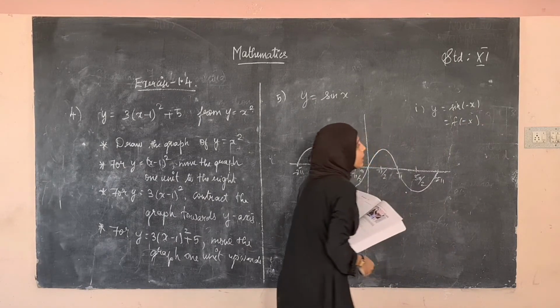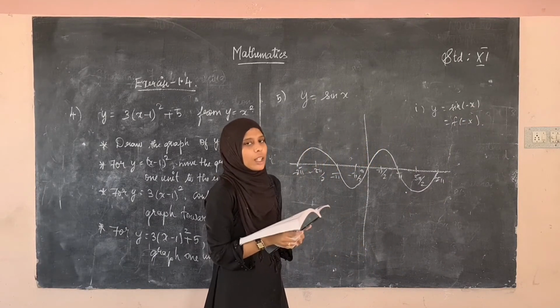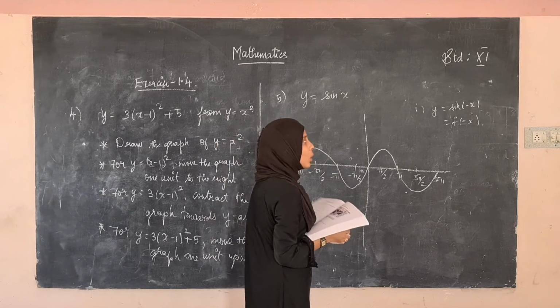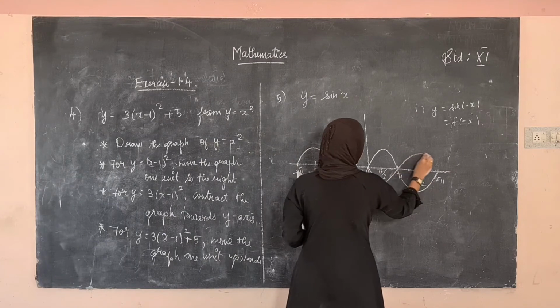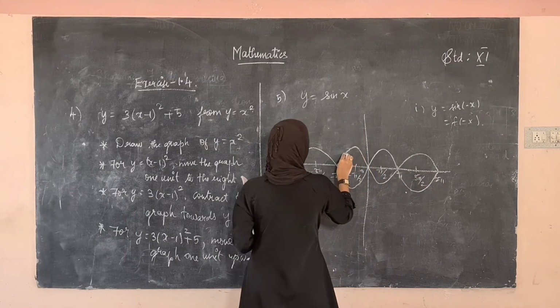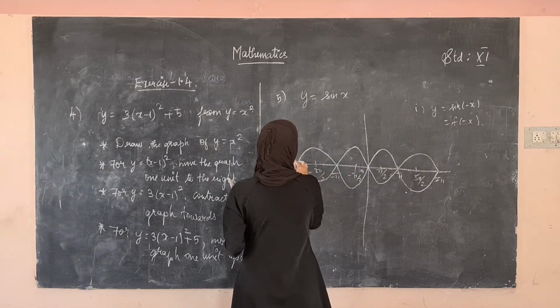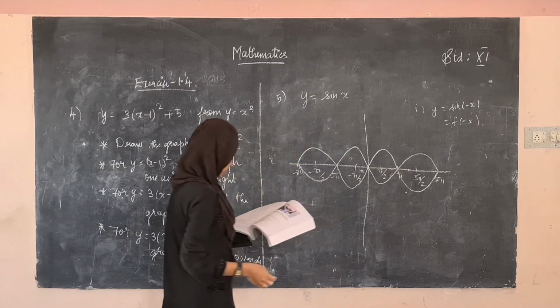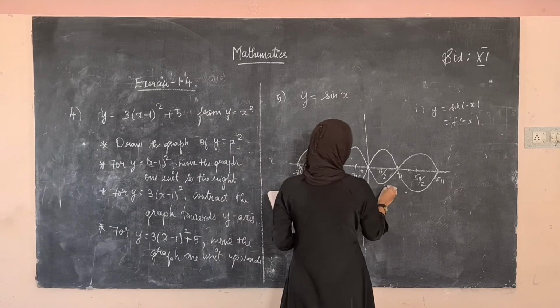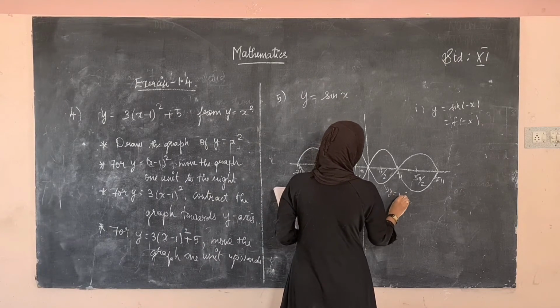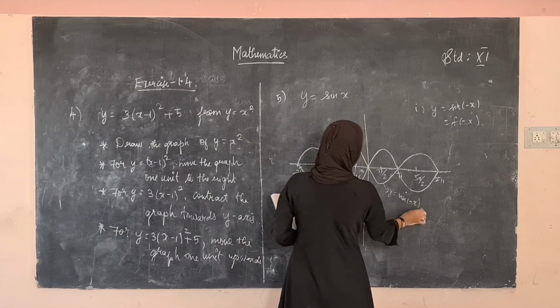F of minus x means it is reflected over the y axis. So the graph will be like this. This is the y is equal to sine of minus x graph.